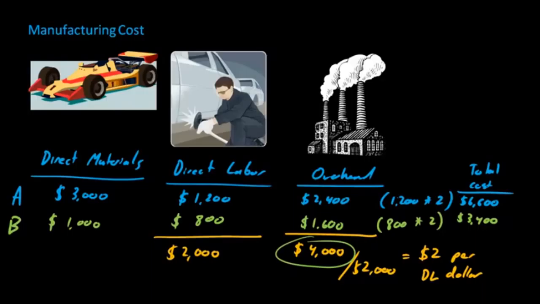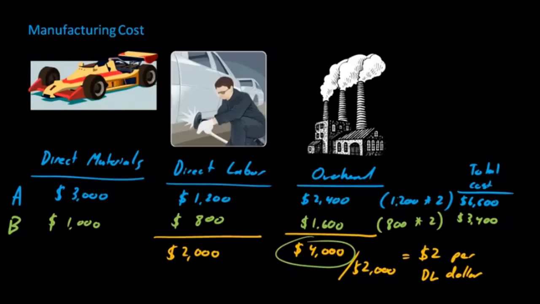And that would total to 6600 for car A, and then for car B it would be 1000 of direct materials, 800 of direct labor, and 1600 of overhead to produce car B, and that would be 3400 for car B. So you can see the cost of 6600 to produce car A and 3400 to produce car B. This is the total product cost to produce these two cars, car type A and car type B.